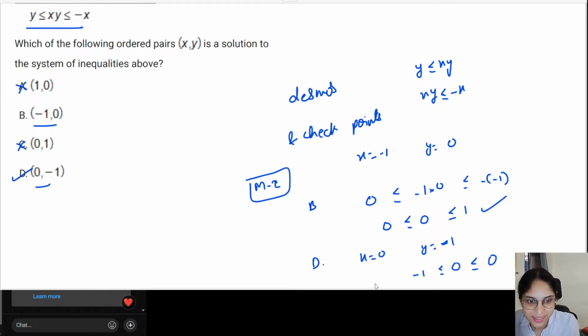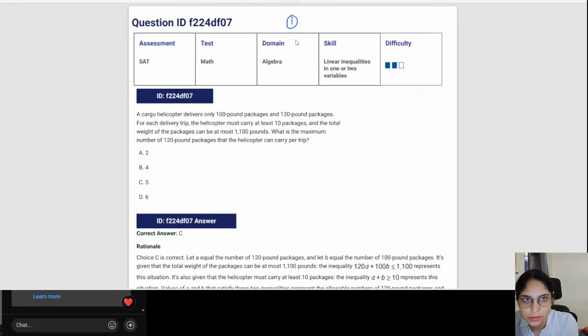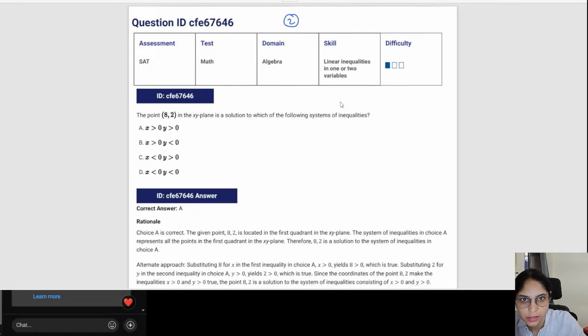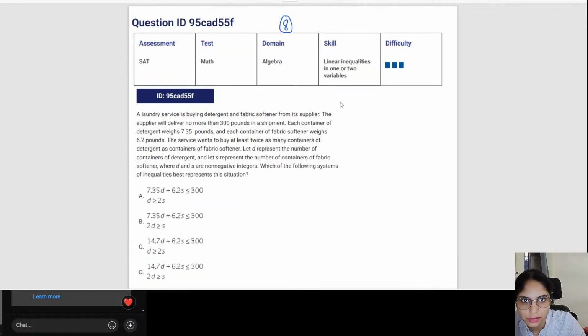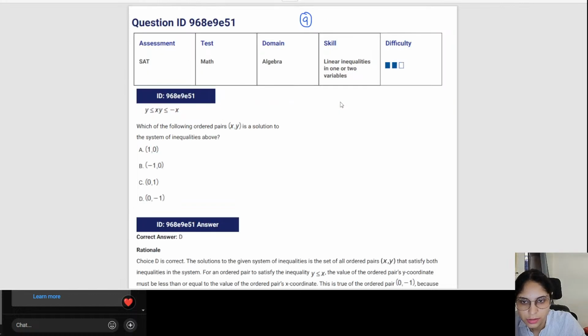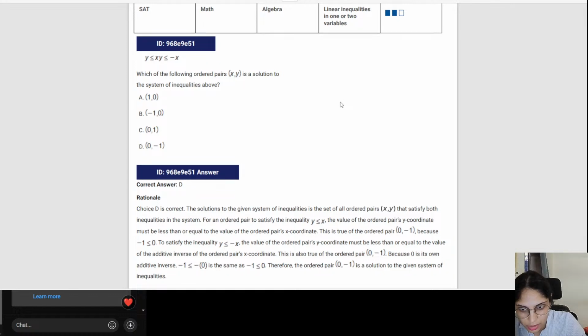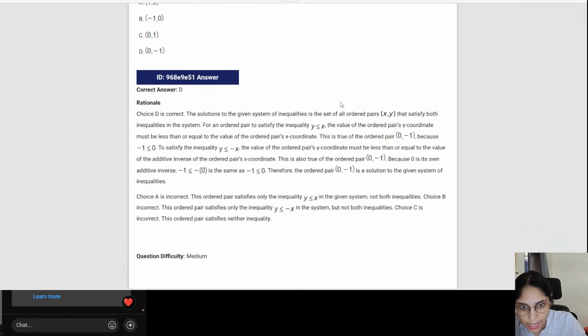Now let me check the answers because this is weird. So this is question number 9. Answer is D. Why is B incorrect?